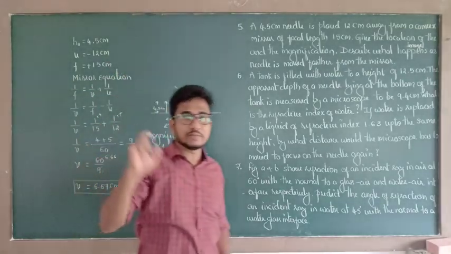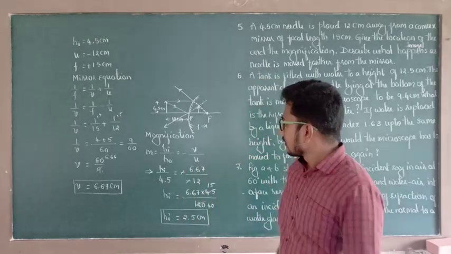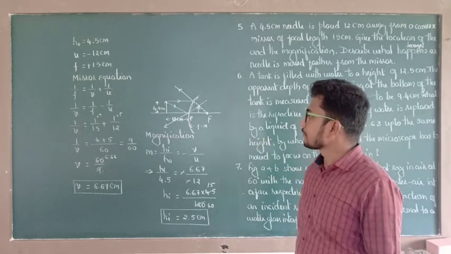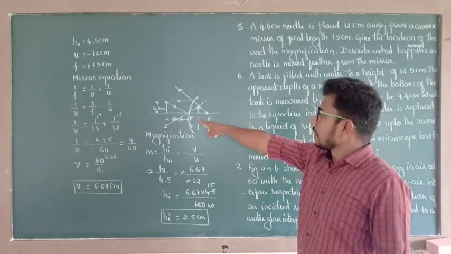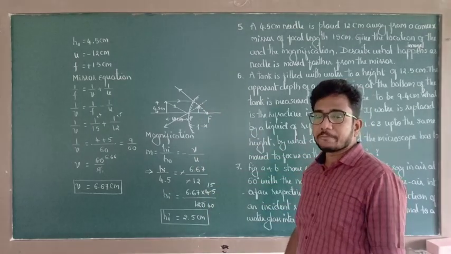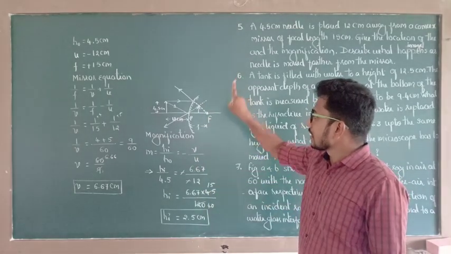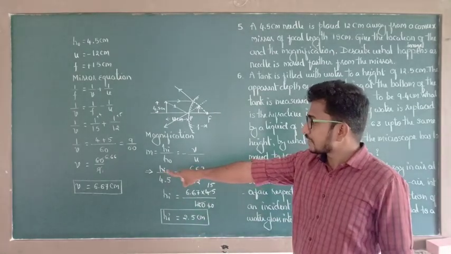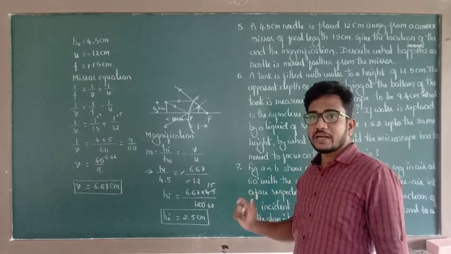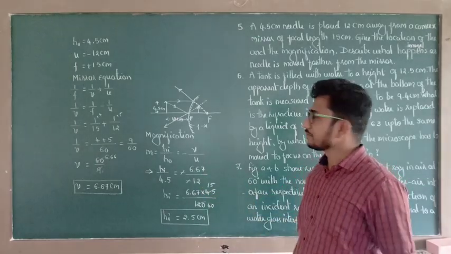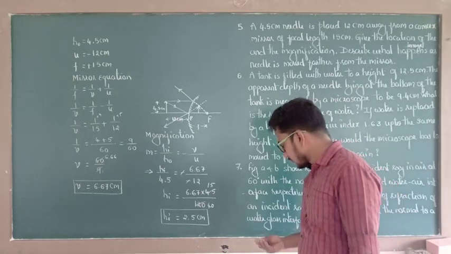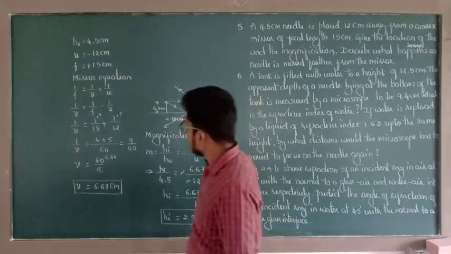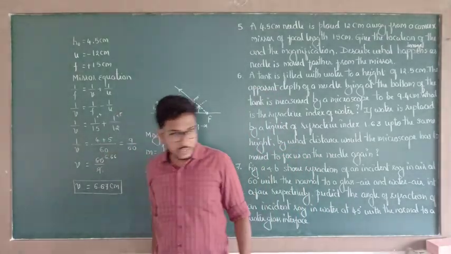That means a diminished image. So your conclusion is: when the object lies at 12 centimeter in front of the convex spherical mirror, a virtual, erect, diminished image is formed at 6.67 centimeter behind the convex mirror. So that is your conclusion.